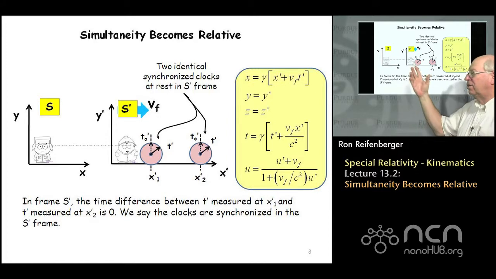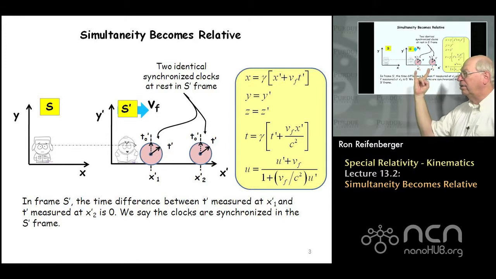Then at some later time t prime, the position of the arrow, or the number of ticks required for the clock to go from t0 prime to t prime, is exactly the same for both clocks, x1 prime and x2 prime, located at a distance apart from one another. By this process, we say these two clocks are synchronized.